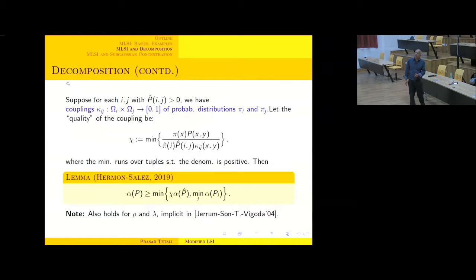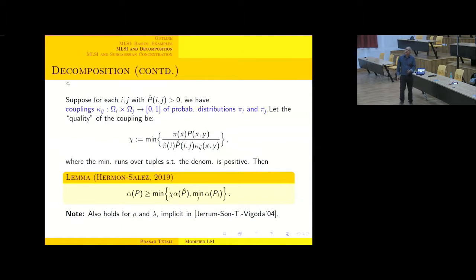And kappa is like the fractional amount that you distribute to ij. In terms of mass transport, there's a total of pi I here, a total of pi j. Along a particular xy, you take a fraction. I didn't write down the definition of a coupling, but if I sum this over all y in omega j, it should give me mu I of x. If I sum this over all x in omega I, it should give me mu j of y. That's what I mean.